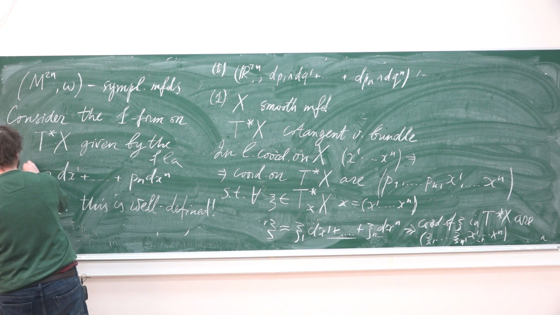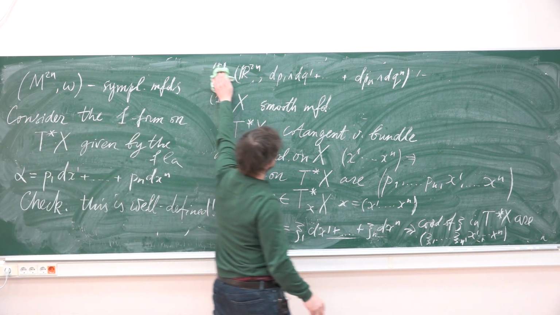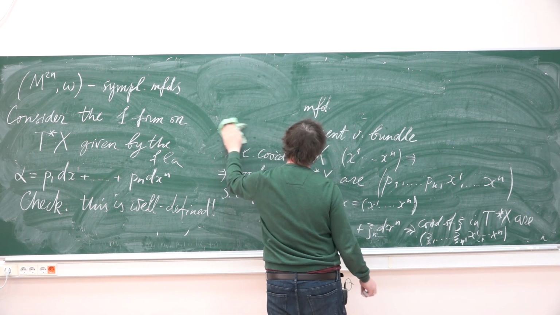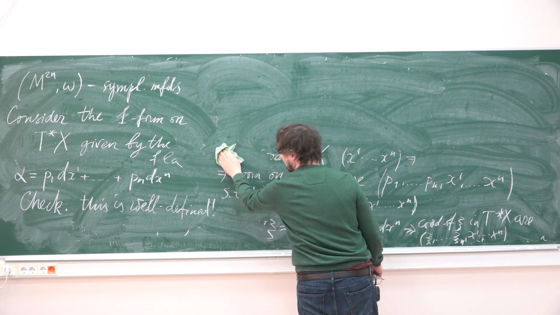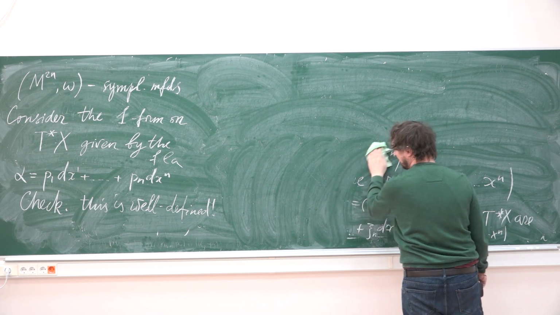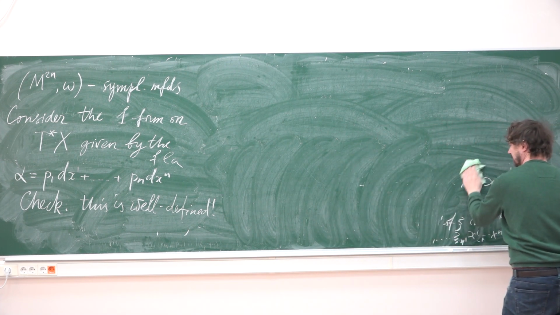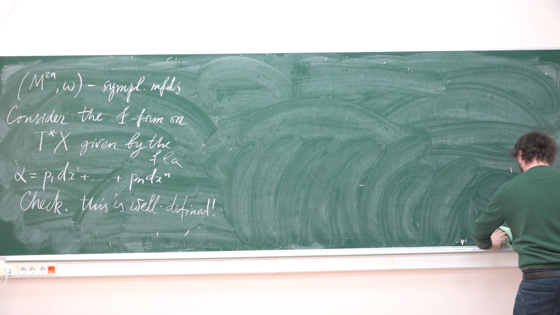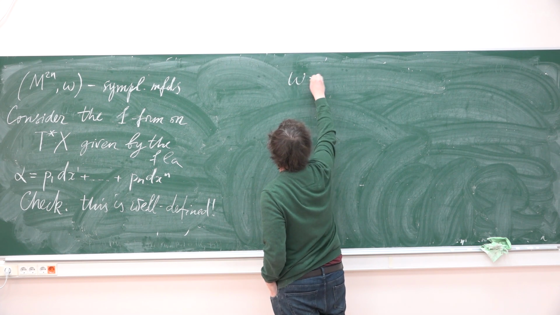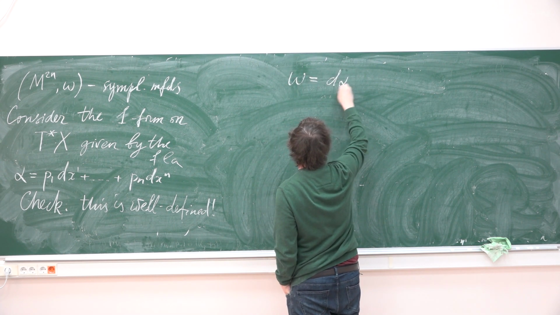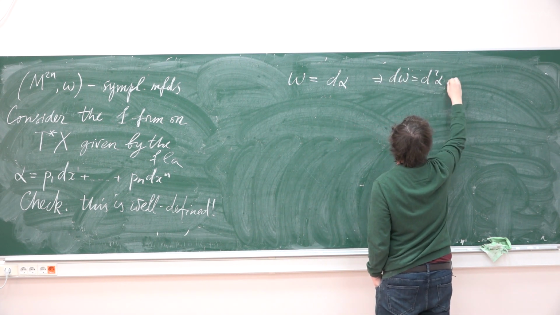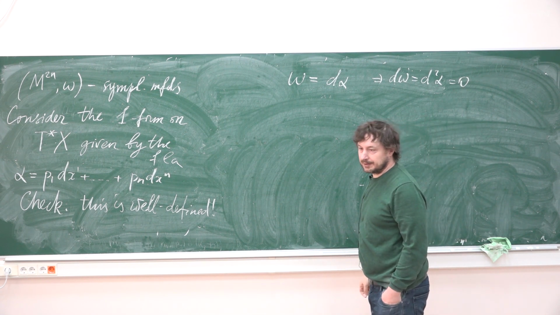This is called alpha. So alpha is the canonical differential one form. You can actually define it in a coordinate-free way. We can talk about this at the seminar today, so let us skip it for a while. But then I just put omega equal to d alpha. And of course, d omega is equal to d square alpha, which is equal to 0 by the properties of the de Rham differential.